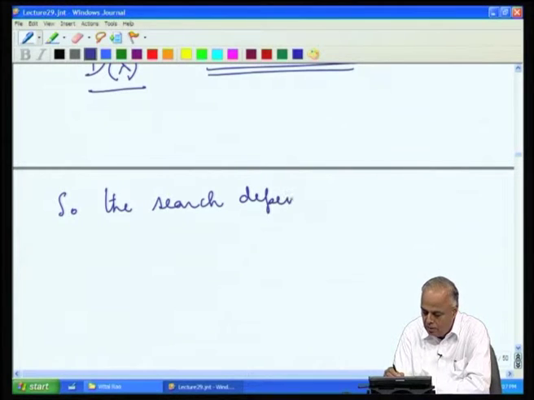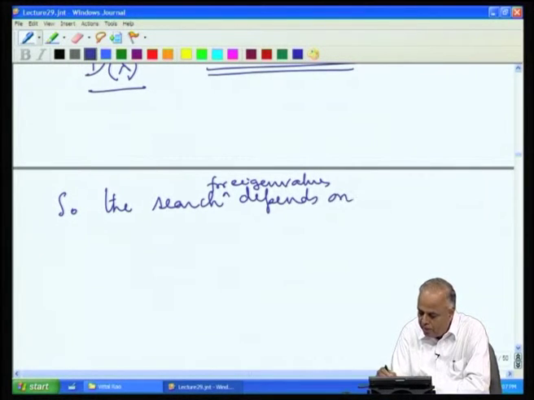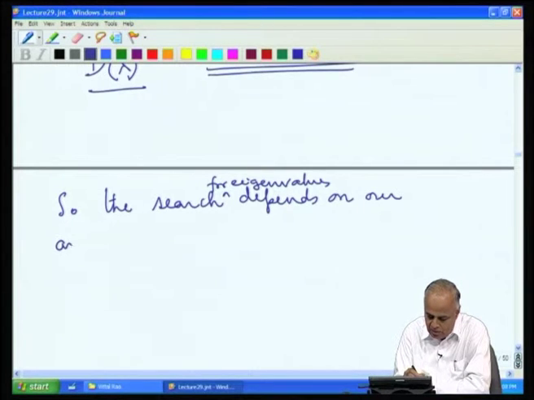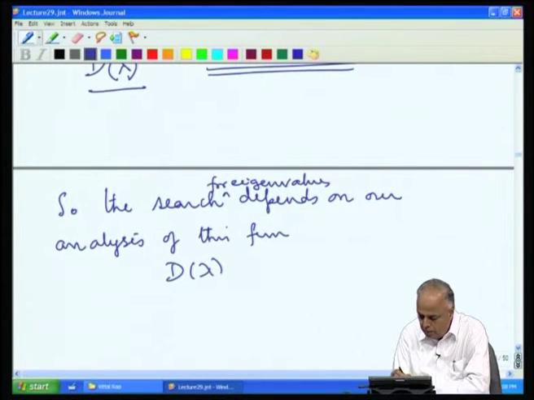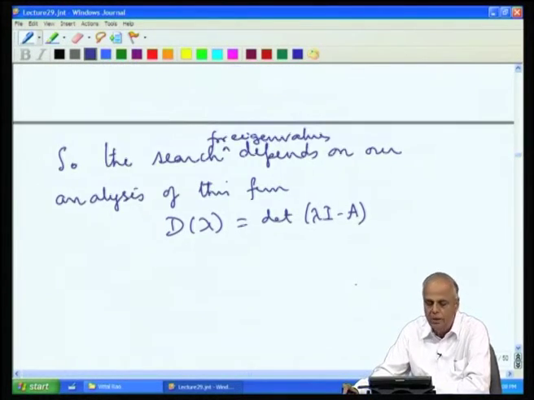The search for eigenvalues depends on our analysis of this function d lambda equal to determinant of lambda I minus A. So, we will now look at this function.